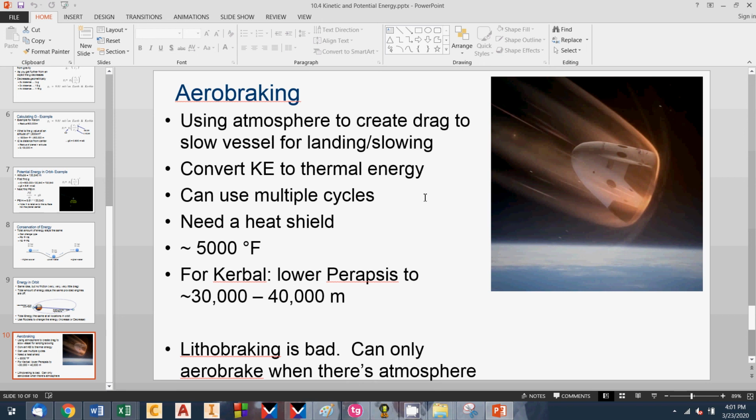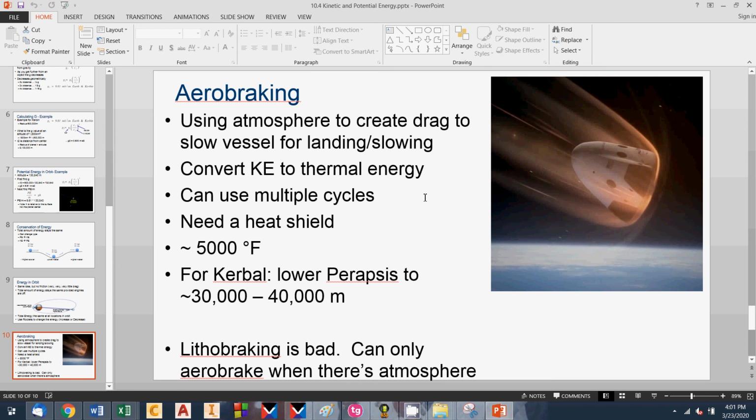And since that thermal energy doesn't really affect the motion, you're just taking energy out of it. It's almost like firing a rocket in retrograde. So it takes energy away from your orbit. It helps you to slow down. And if you slow down enough, gradually then your orbit will fall back to the planet and you can land.